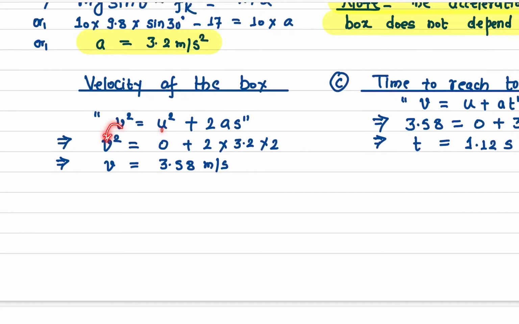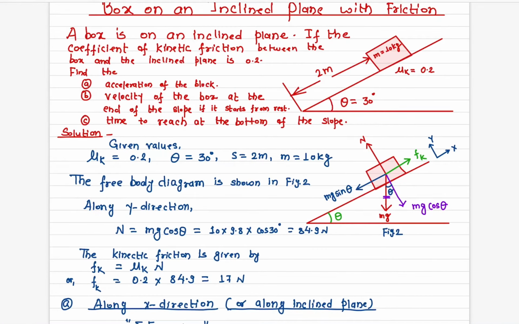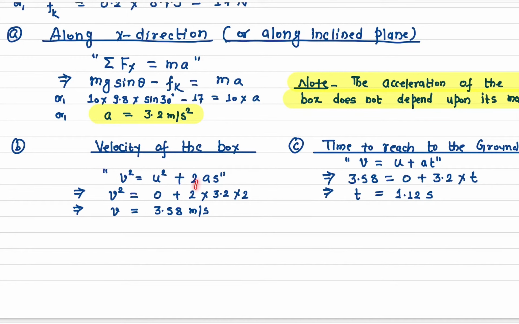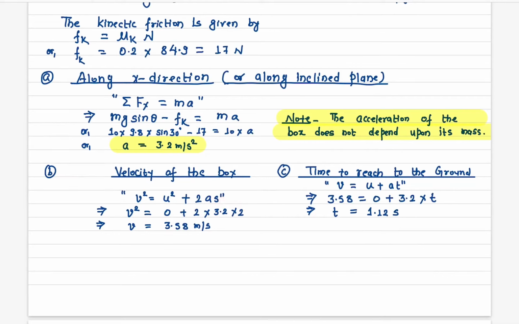We do not know v, but we know u because the object is starting from rest at this point. The question says the velocity of the box at the end of the slope if it starts from rest. So u is 0. 2a is 3.2, and the distance s is given, which is 2 meters. So we plug in, and what you get is 3.58 meters per second.